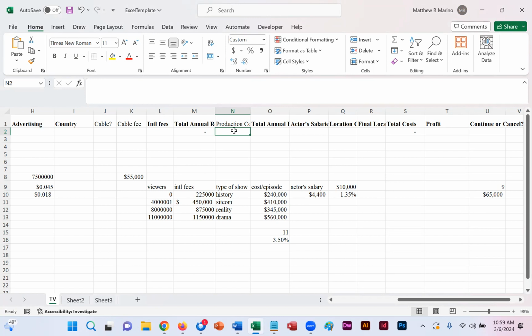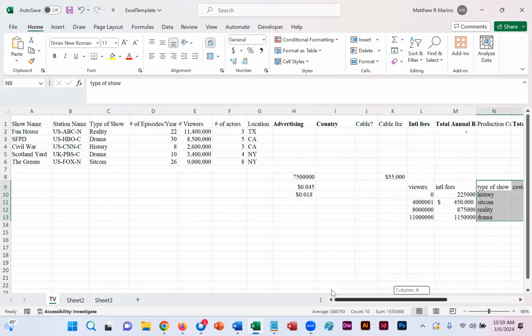The production cost itself here in column N is going to be a VLOOKUP to find, from your table, type of show, cost per episode.